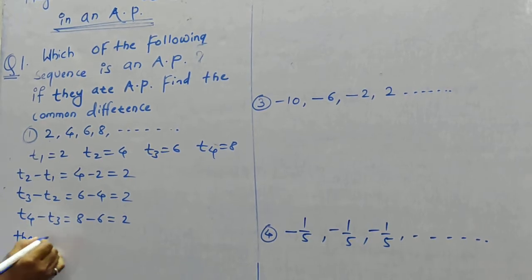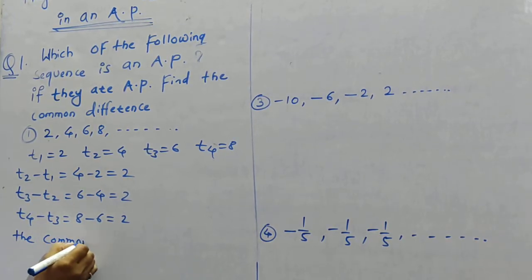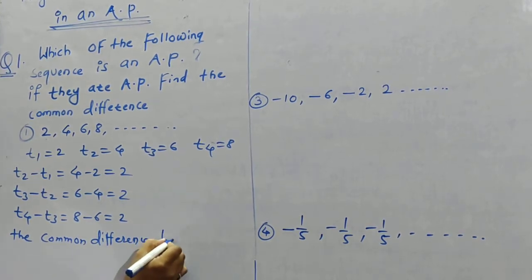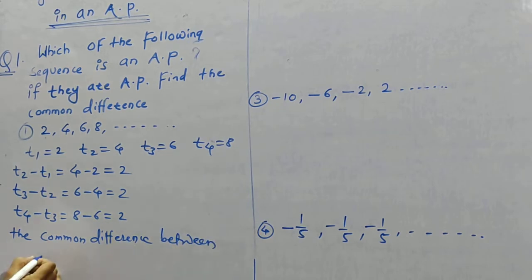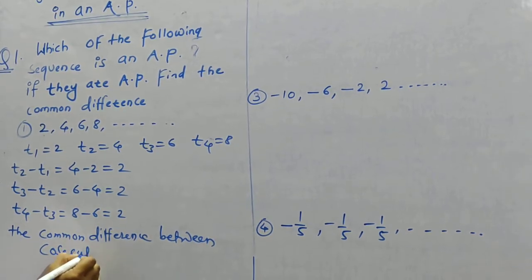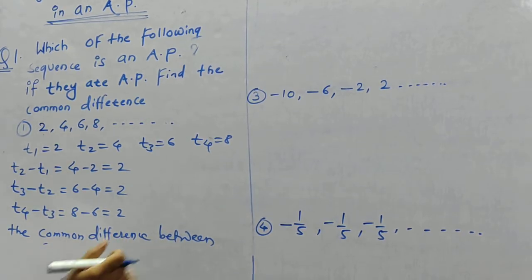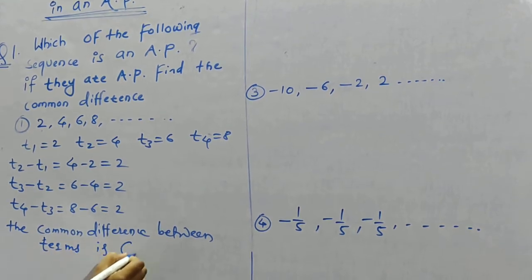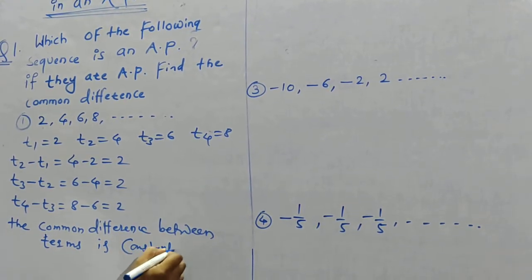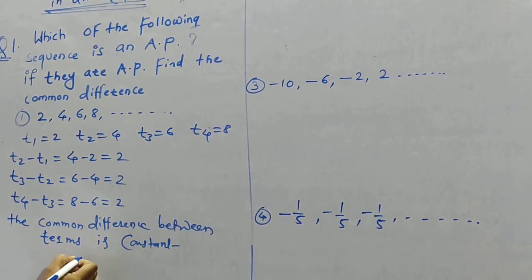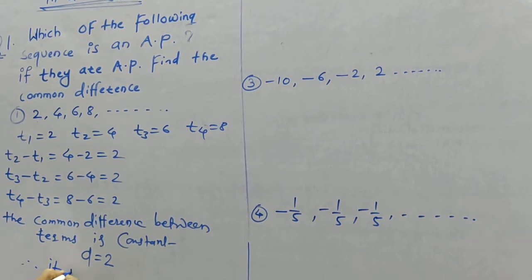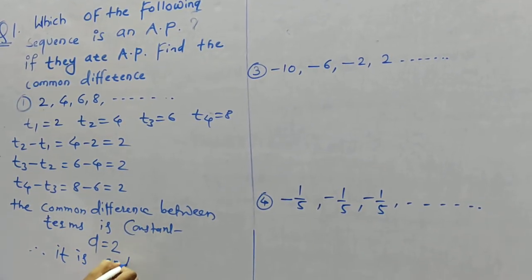the common difference between consecutive terms, or else we can say between terms, is a constant, that is D is equal to 2, hence it is an AP, arithmetic progression.